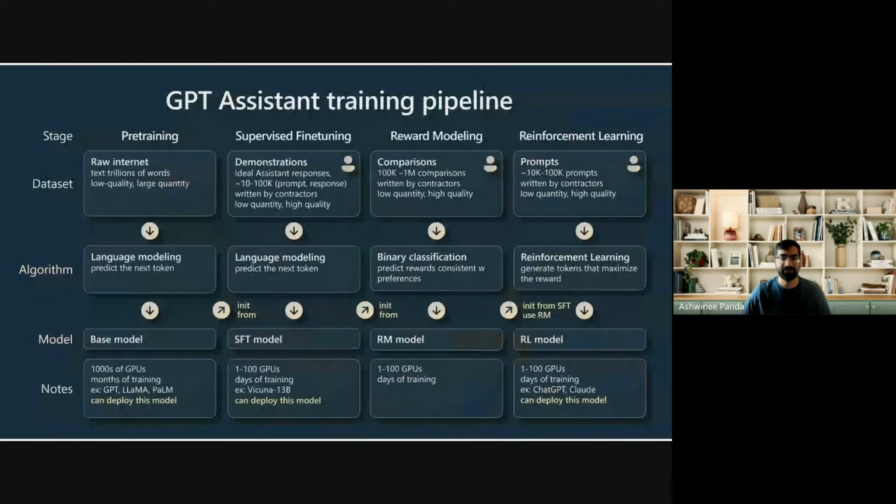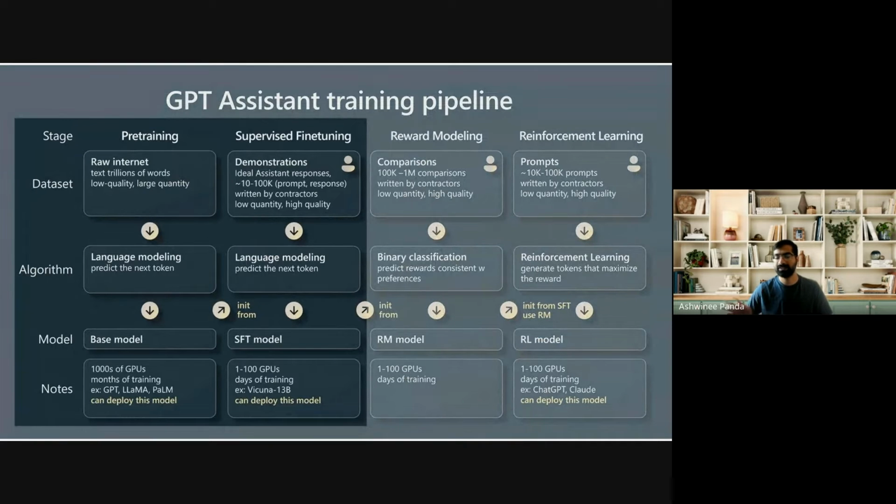And that's because in our entire pipeline of training one of these GPTs, we're going to start off by pre-training on tens of trillions of tokens from the raw internet. And that data obviously could be pretty much anything.